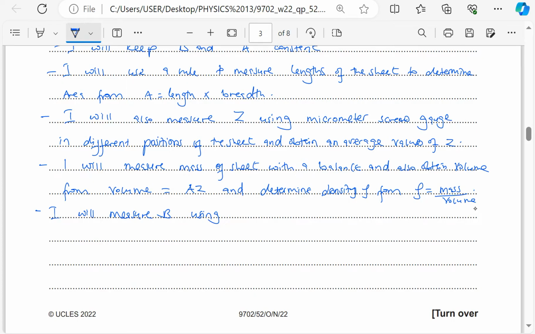So I will measure B using a calibrated Hall probe. You must have mentioned the Hall probe in magnetic fields. I'll measure B using a calibrated Hall probe between the poles of the magnet.